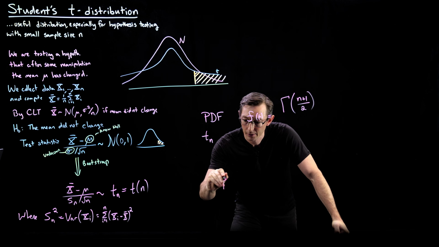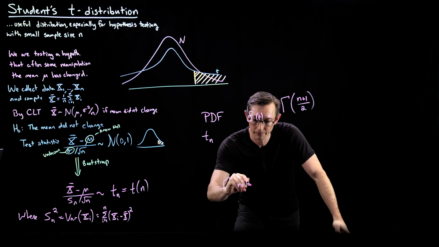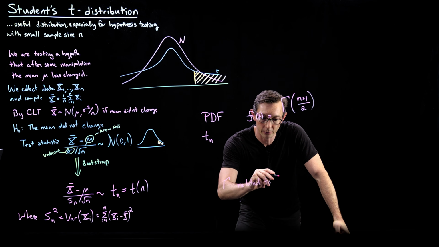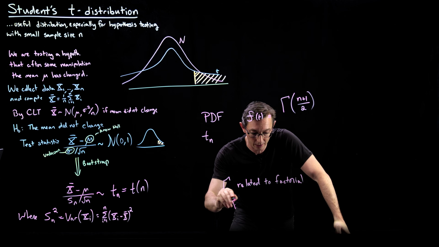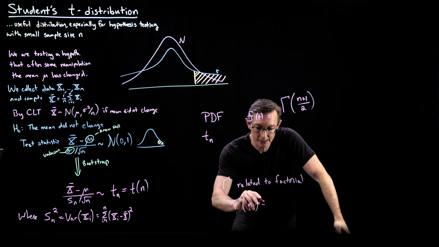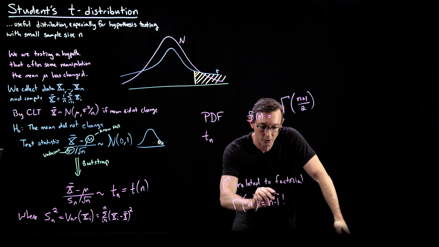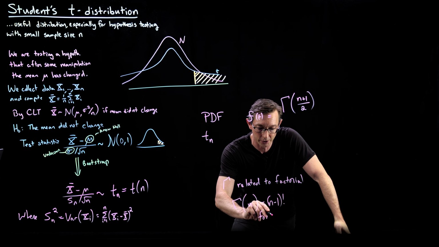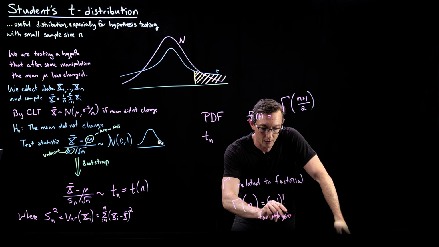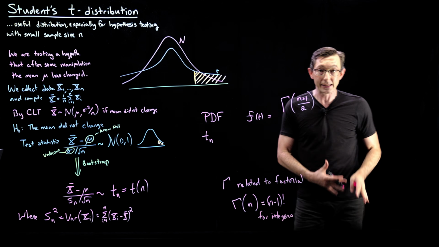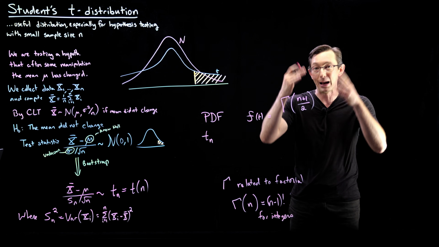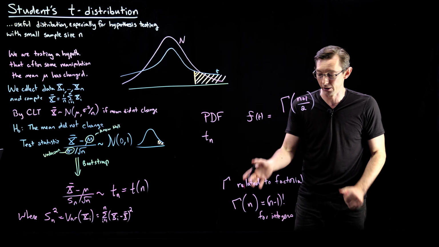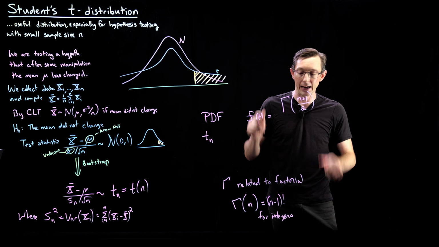Remember, gamma is related to factorial. Specifically, gamma of an integer n is equal to (n minus 1) factorial. But this gamma function generalizes the notion of a factorial to any number. You can take the gamma of pi or 1/2 or whatever.